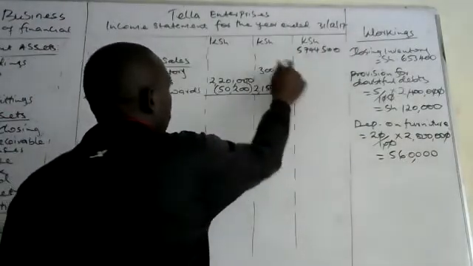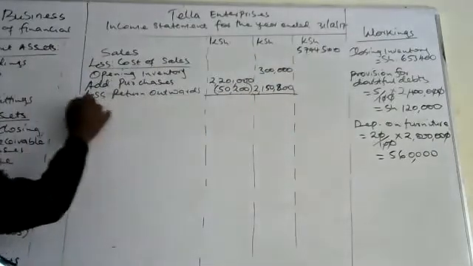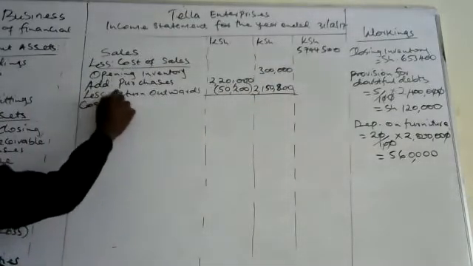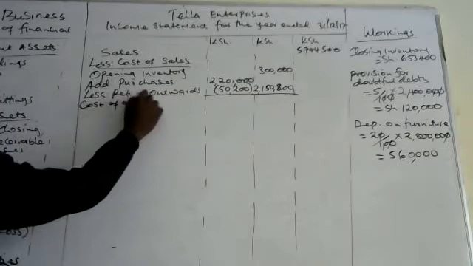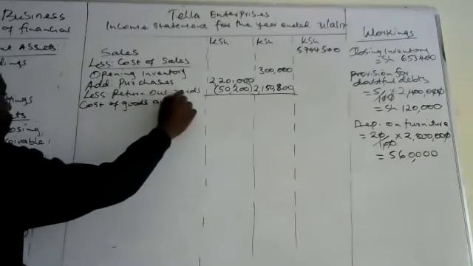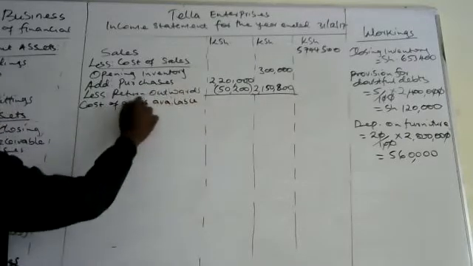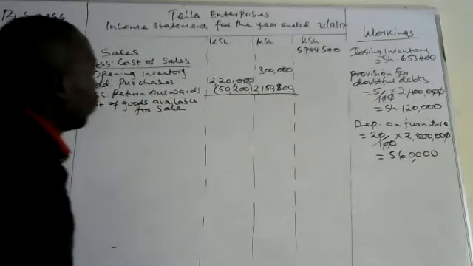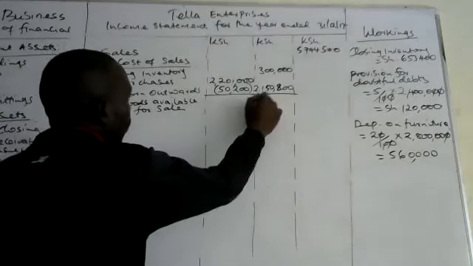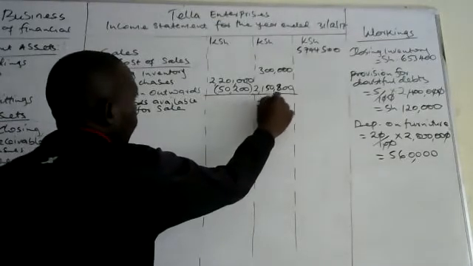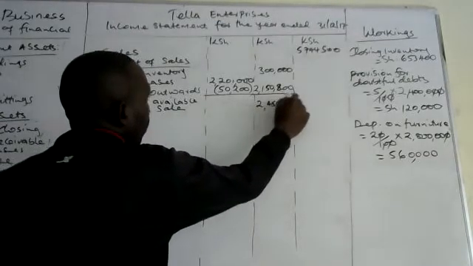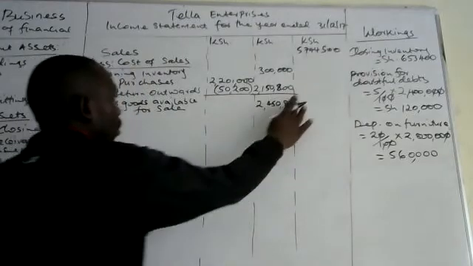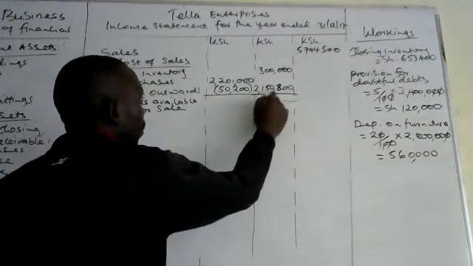So can you add this plus this so that now we can get the cost of goods available for sale? 2,495,800, if I'm not wrong. Yes, that's correct.